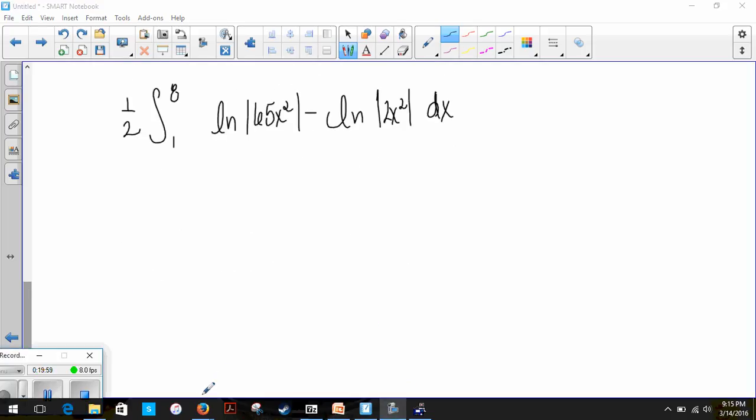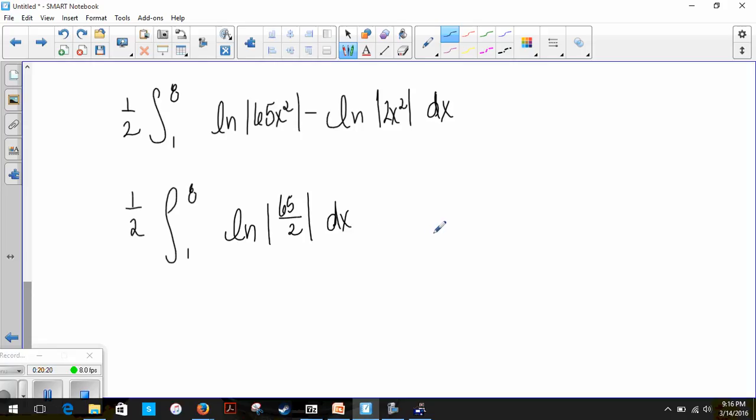Oh, yes, we can put them together, can't we? Because this would be 1/2. Now it's going to be 65x squared over 2x squared, or ln of 65 over 2 dx, which is just a number.